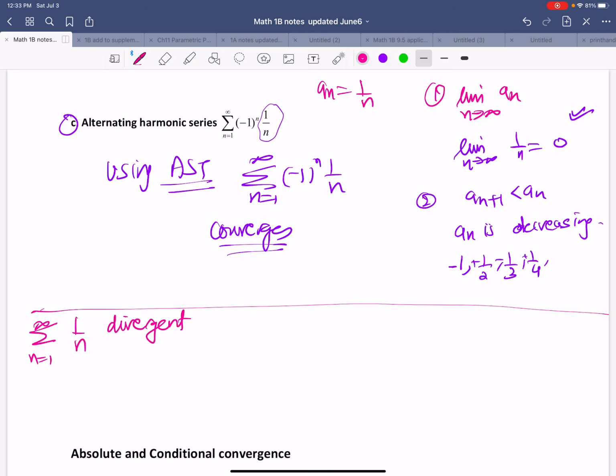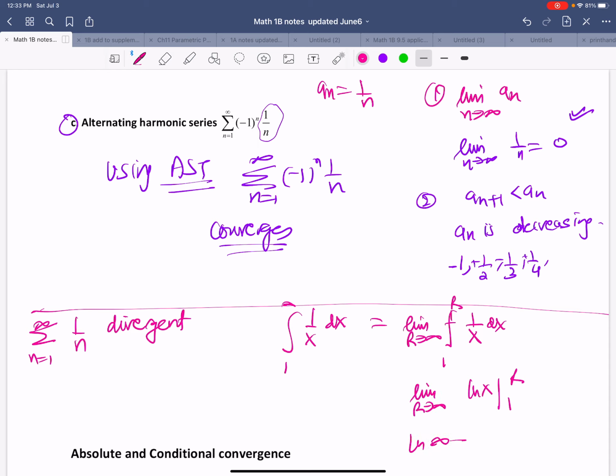We just saw that. We can prove that the harmonic series is divergent using the integral test. So the integral from 1 to infinity of 1 over x dx, which we can say is the limit as r goes to infinity of the integral from 1 to r of 1 over x dx. That's going to be natural log of x from 1 to r, as r goes to infinity. So natural log of r minus natural log of 1.